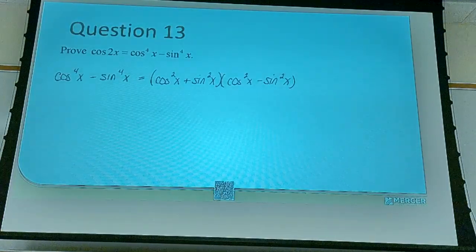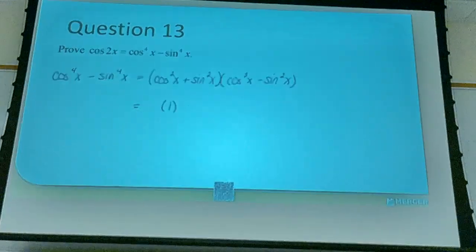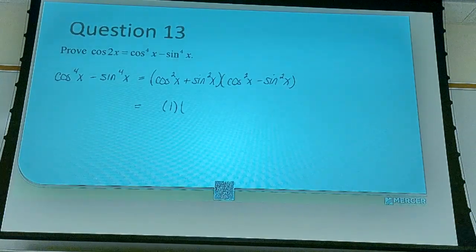That's a difference of squares: cosine squared plus sine squared, and then cosine squared of x minus sine squared of x.